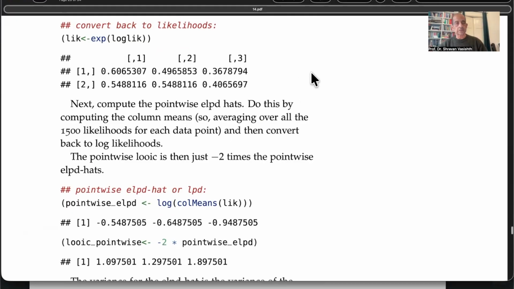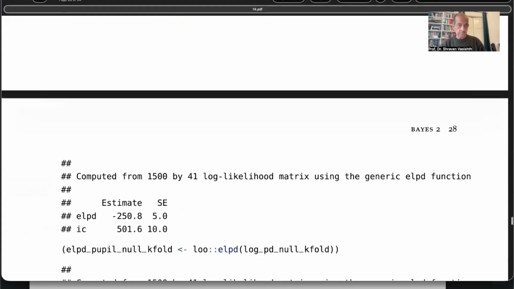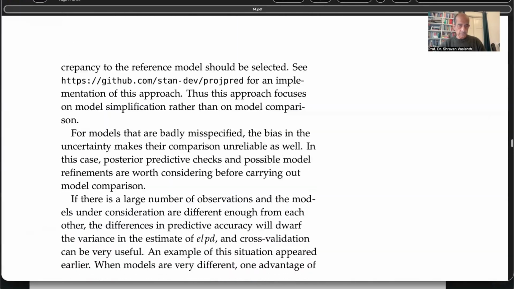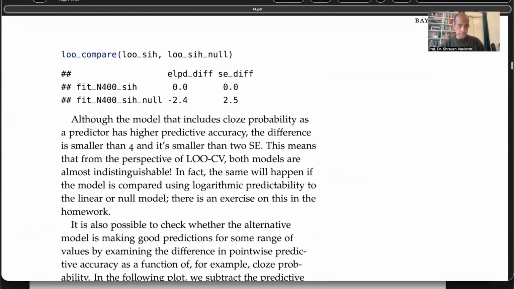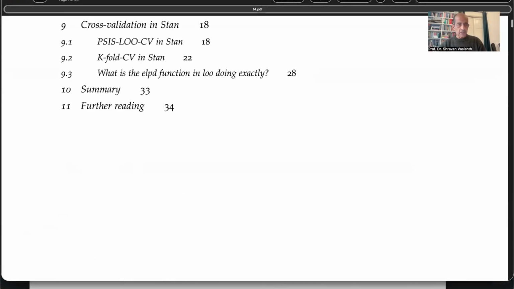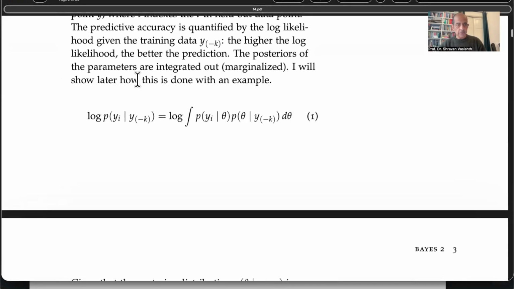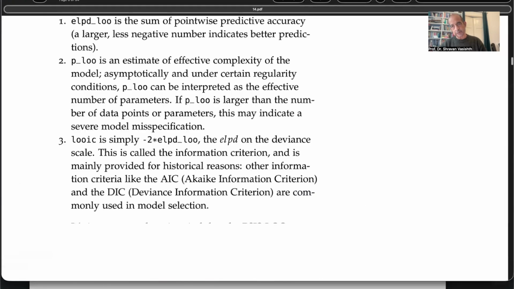Let's go back. If you remember that obscure equation where I say we are marginalizing over the theta parameters, this is what I'm doing right now.